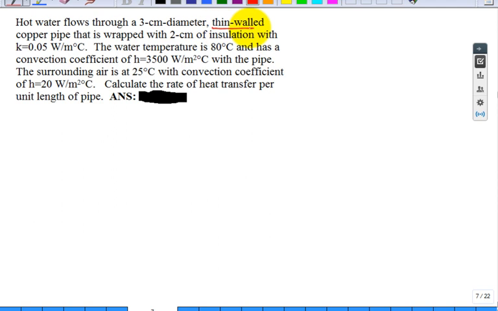When you say thin-walled copper pipe, the wall of the pipe is thin, the copper has high thermal conductivity, should you have a difference between the temperature on the inside and outside wall of the pipe, or should you just have one temperature for the copper pipe? One temperature for the copper pipe. Basically, you neglect the thermal resistance through the wall of the copper pipe. Commonly done. It's wrapped with 2 centimeters of insulation.